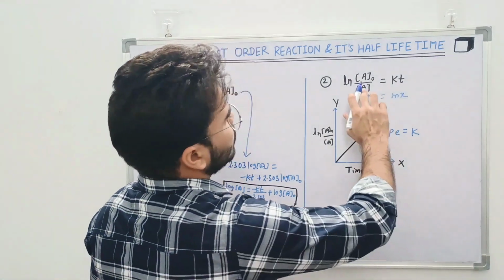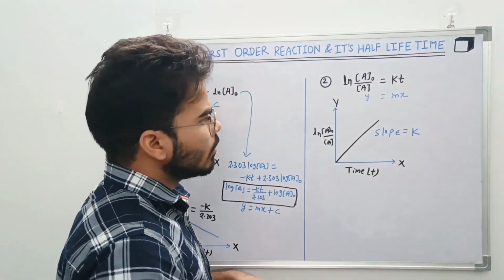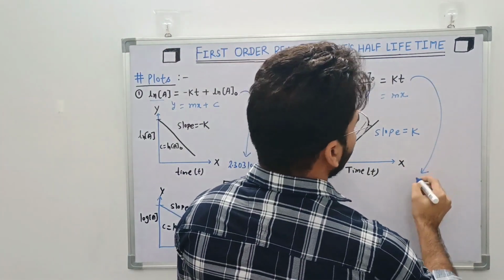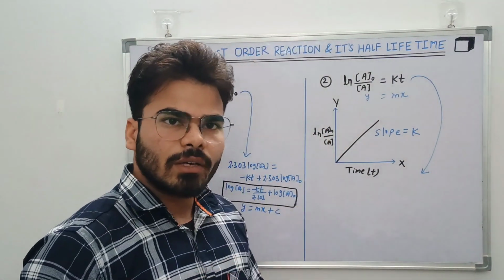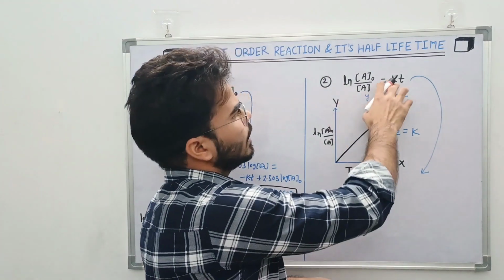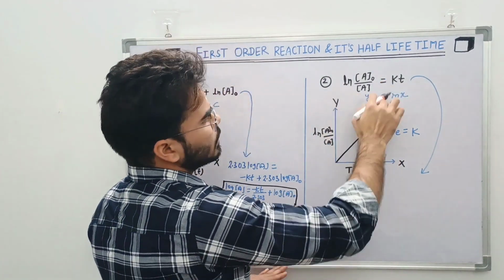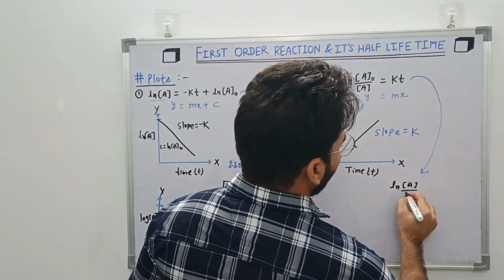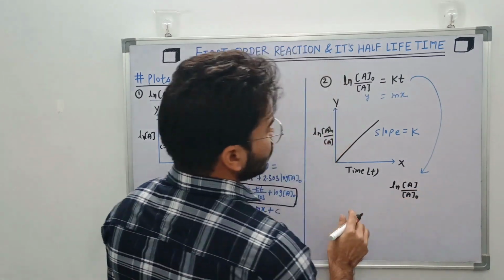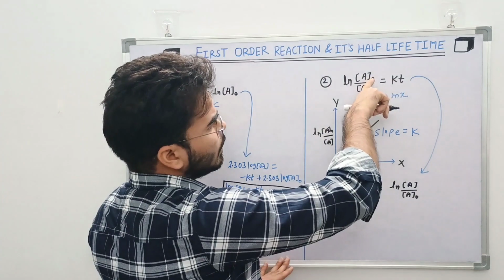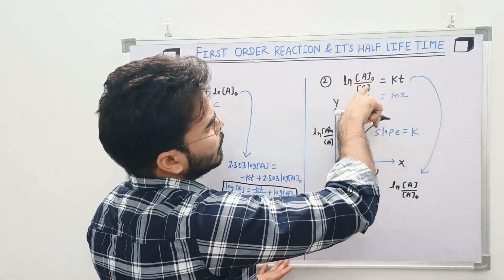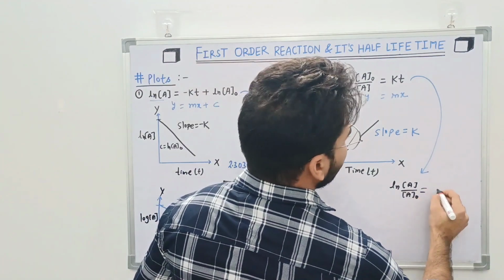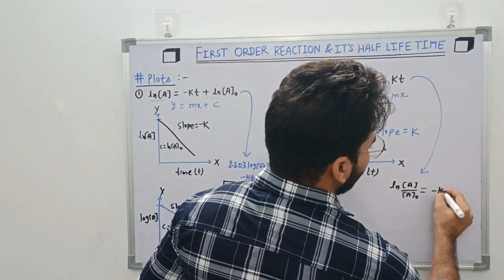Let's take this second case. We can also rewrite this equation in another form. When we want to plot a graph between ln a and time t, we have to change ln a0 upon a into ln a upon ln a0, with a negative sign, minus kt.